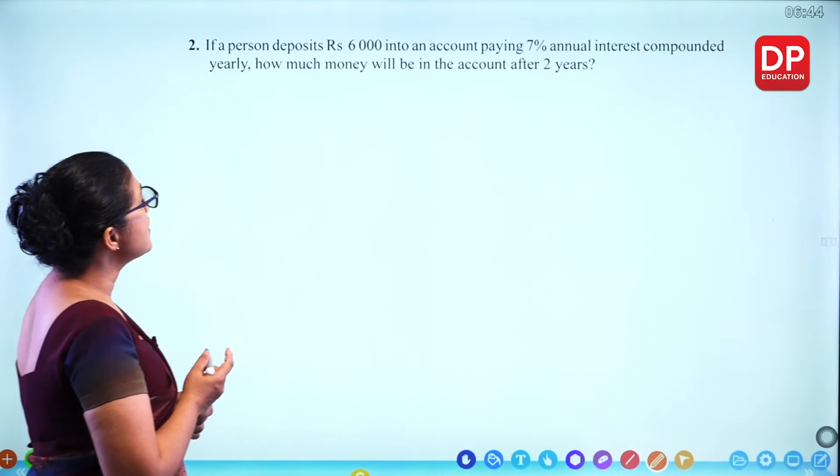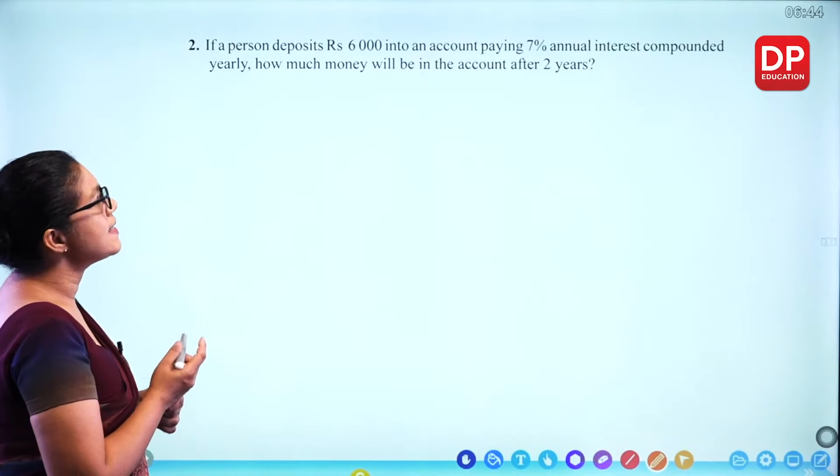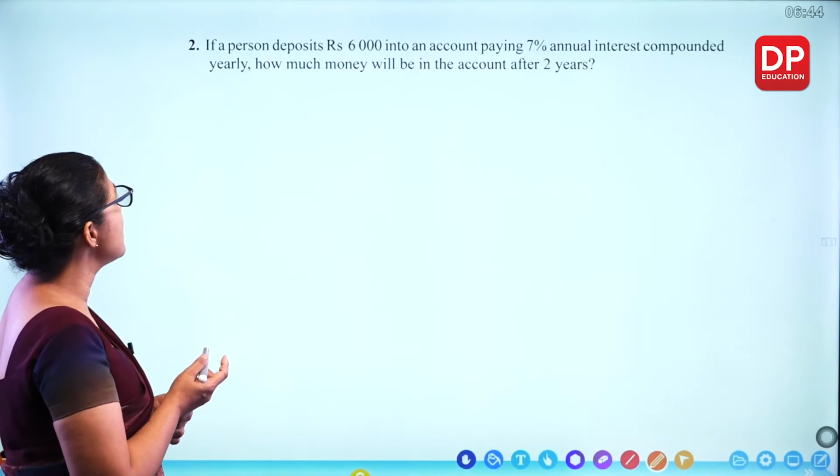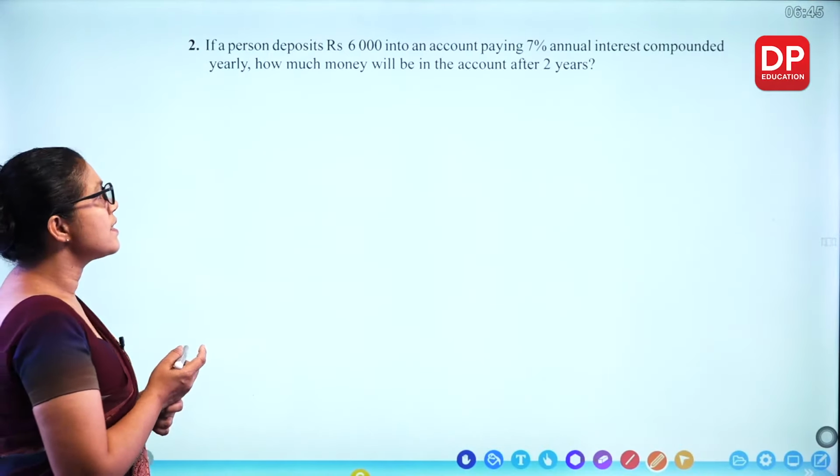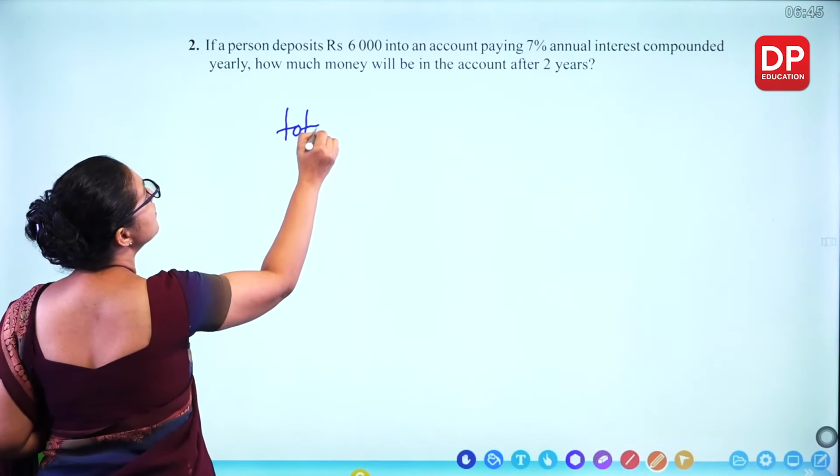Now take question number 2. If a person deposits 6,000 into an account paying 7% annual interest compounded yearly, how much money will be in the account after 2 years? So what's the total amount?